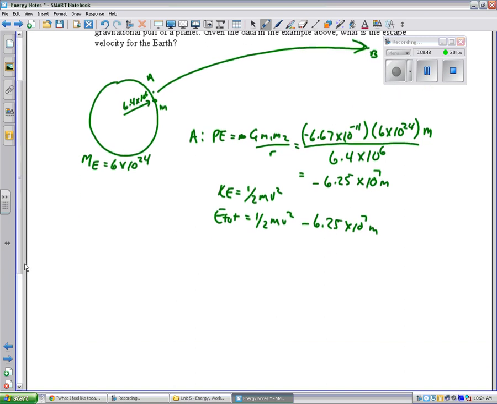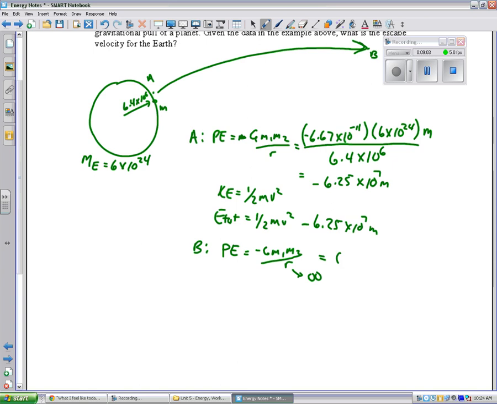Now, when I get out to infinity at point B, the PE is going to be minus Gm1 m2 over r. But remember, r is infinity. If I divide by infinity, I get 0, so the potential energy is 0. The kinetic energy is also going to equal 0 because the velocity is 0 out there.